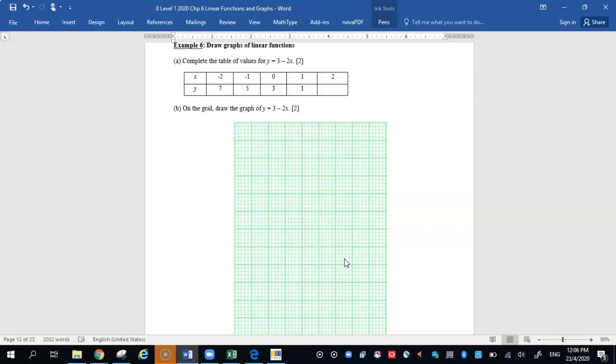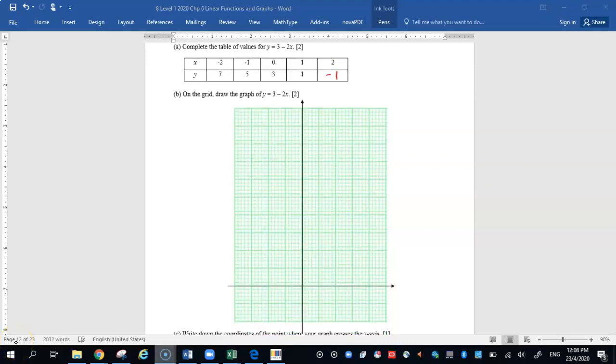Now we will look at example 6. Let's take a look at when x equals 2. You will see that you get -1. With the same approach, we want to draw the graph of y equals 3 minus 2x. Similarly, I'll label my axes, the x-axis and the y-axis, and label both respective axes.